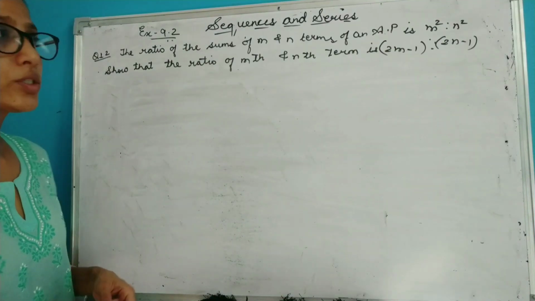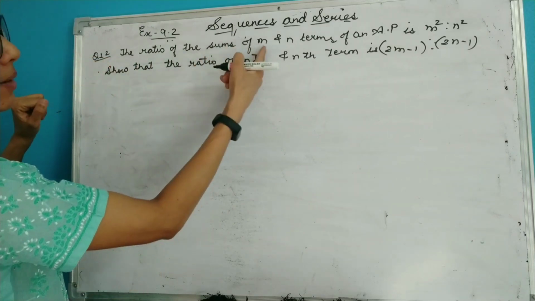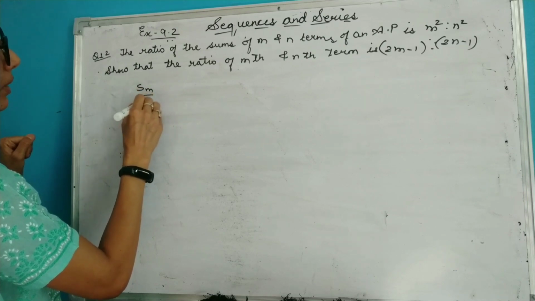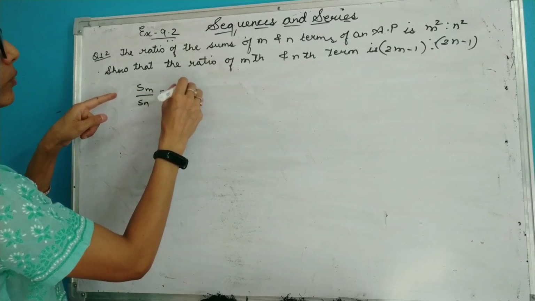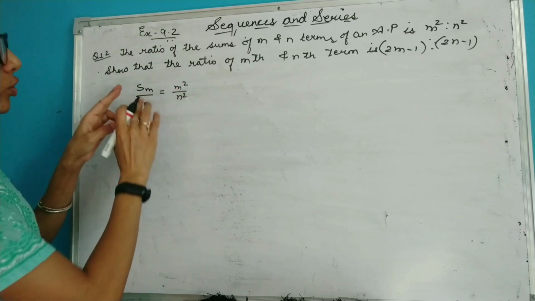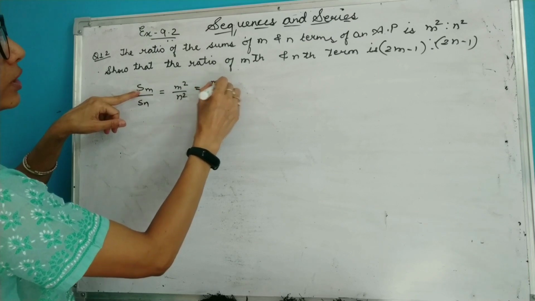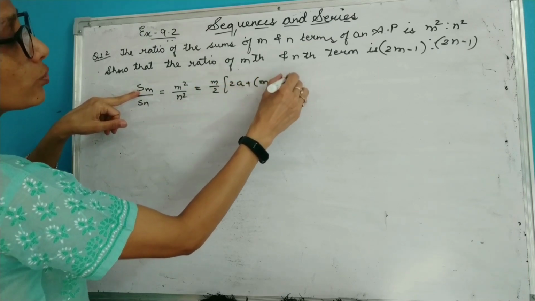See this question, children. Here it is giving the ratio of the sums of mth and nth term of an AP. So the ratio of the sum of mth and nth term of an AP is given to me as m square by n square. So let's expand this sum of mth term, which is m by 2, 2a plus m minus 1 into d.